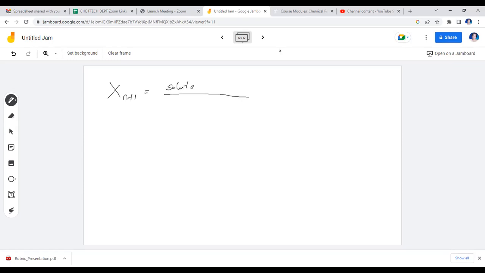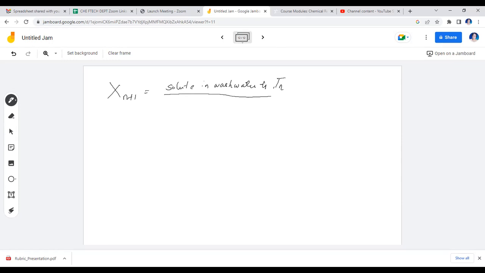Solute in wash water to T sub n. This is the solute concentration of the wash water that was fed to a particular thickener.